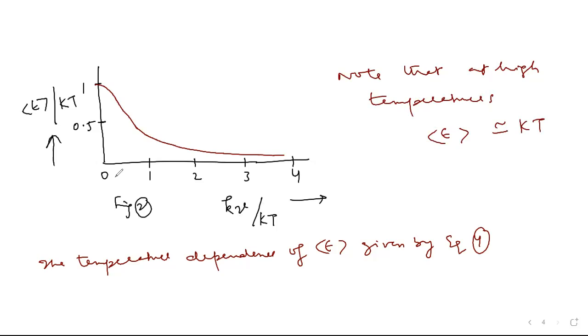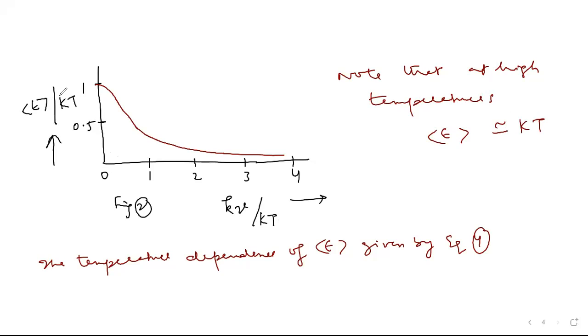High temperatures means going leftwards, because when T is high, this ratio will be small. At high temperatures, you are here, this curve touches this 1 for average energy over kT.